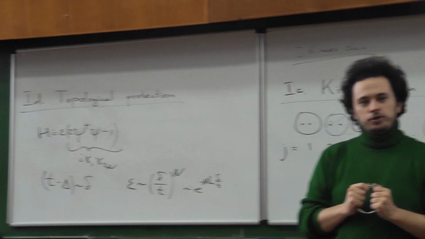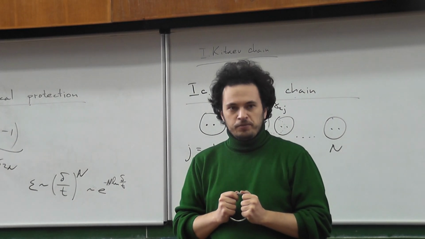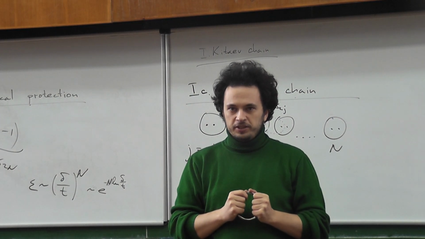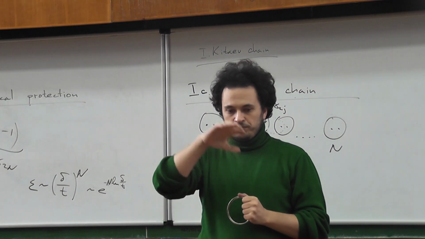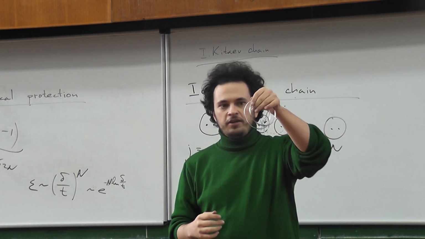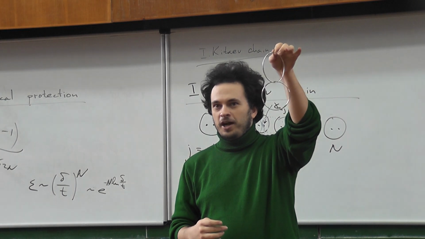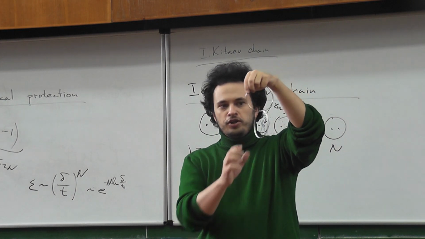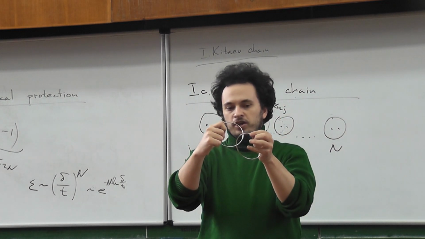And there is a reason it's called topological protection. The reason is topology is a branch of mathematics that studies properties of geometrical objects up to deformations. Say, I have two rings. One is inside the other. There is no way I can move them, I can deform them.